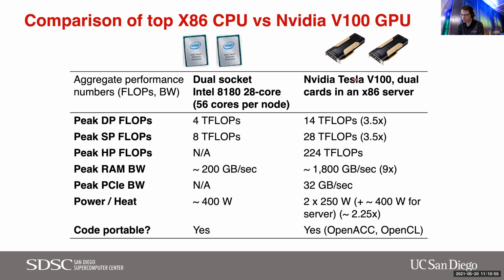I'll show you that later. And so you can see that if you compare a dual socket, here both 56 cores per node, you get around 4 teraflops of performance versus 3.5 times that with 2 GPUs, and the peak for the single precision is of course the factor is the same.